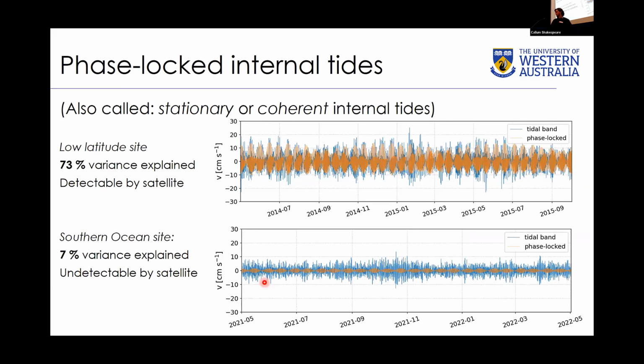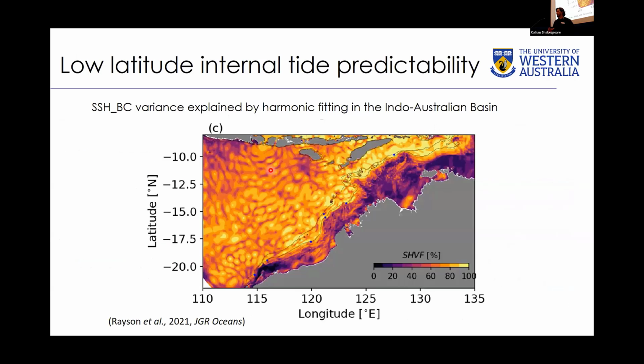And to give you a broader picture of this predictability of internal tides, this is work from 2021 where we did a 12-month numerical model of this Indo-Australian basin, and it has tides and eddies and everything else in it.